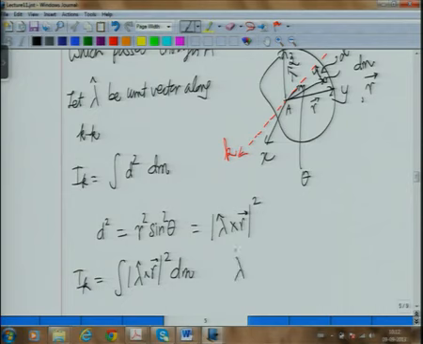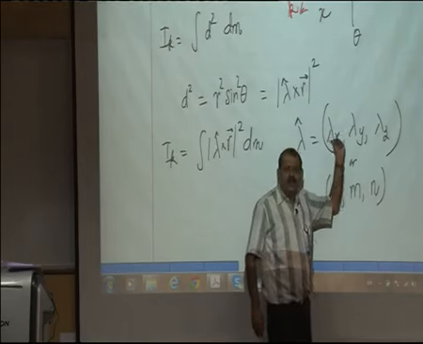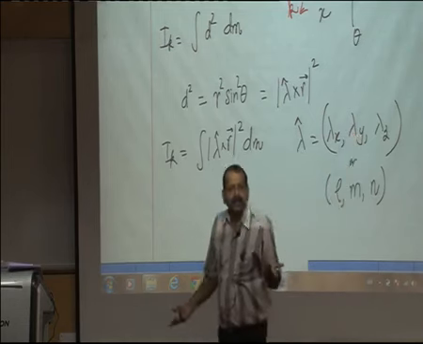Now, lambda I can write as lambda x, lambda y, lambda z, the three components, which in terms of i, j, k are nothing but its direction cosines. That is simple maths. The direction cosines of lambda will be l, m, n, or in your book notation lambda x, lambda y, lambda z.